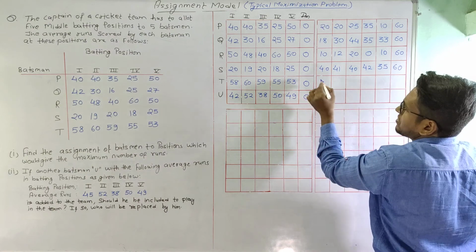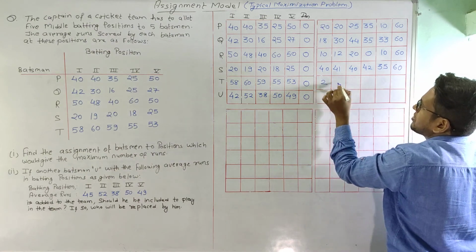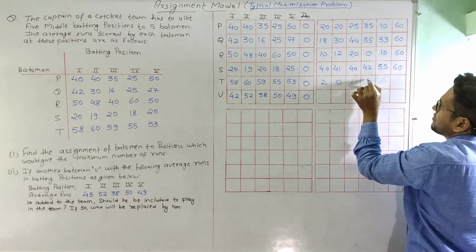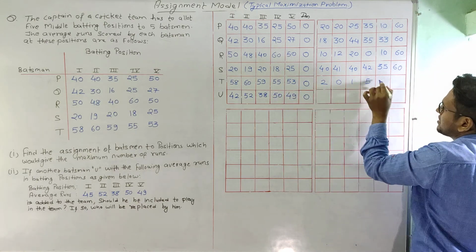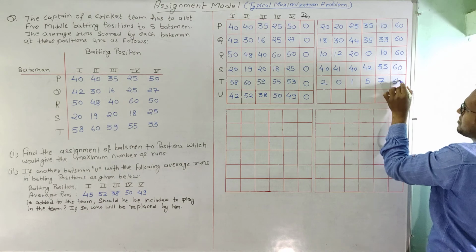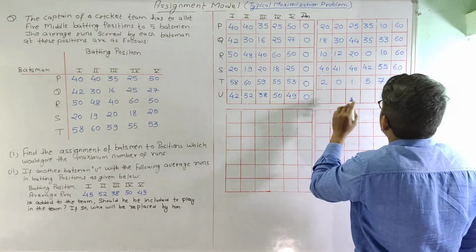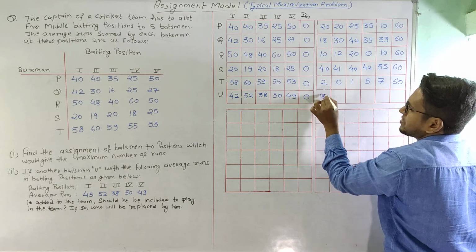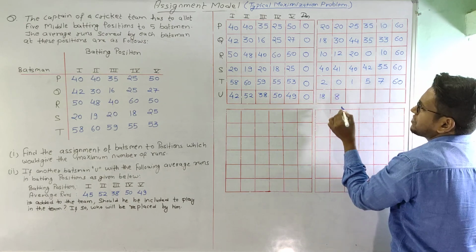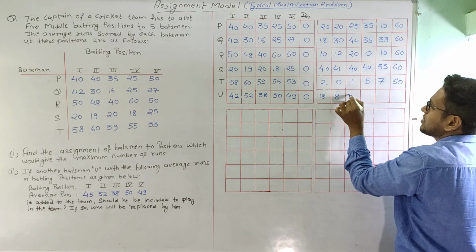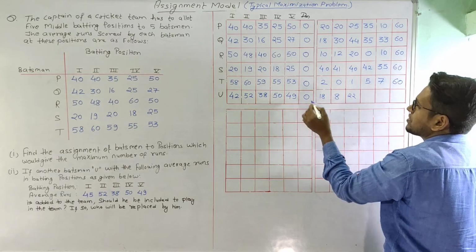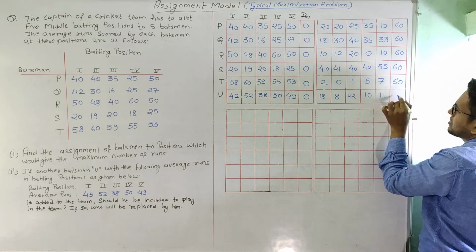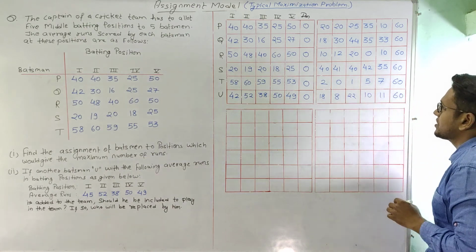Here 60 minus 58 is 2, 60 minus 60 is 0, 60 minus 59 is 1, 60 minus 55 is 5, 60 minus 53 is 7, 60 minus 0 is 60. And here we have 60 minus 42 is 18, 60 minus 52 is 8, 60 minus 38 is 22, 60 minus 50 is 10, 60 minus 49 is 11, and 60 minus 0 is 60.